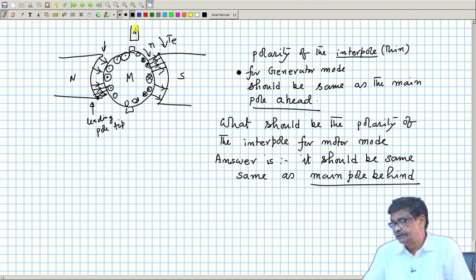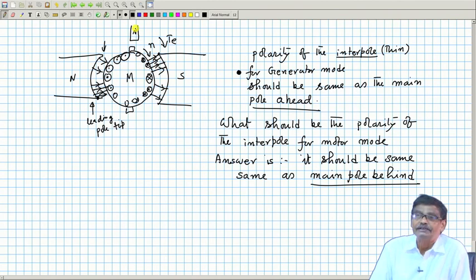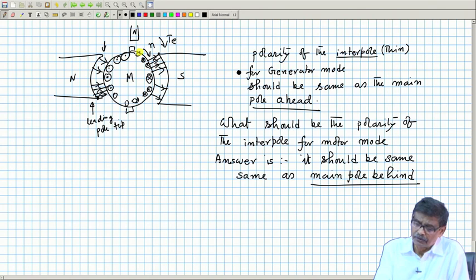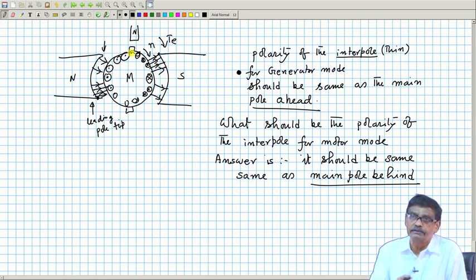So, with this I stop today, but please go through this. So many interesting things can be explained with very simple logic in a DC machine. One of the important drawbacks in a DC machine is because of the commutator segments, brushes and the commutation.